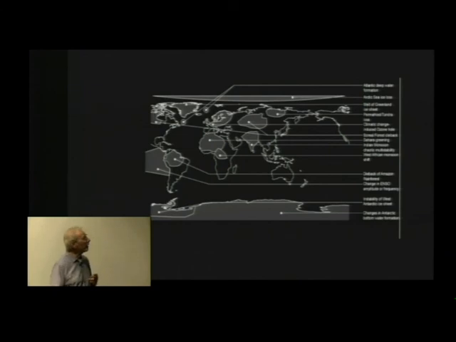And the scary thing is how many there are. When you put them all on one map, there are lots of science papers about each one of these: permafrost, ozone hole, different changes in forests, what's happening in the Sahara and so forth. But the totality is really scary.